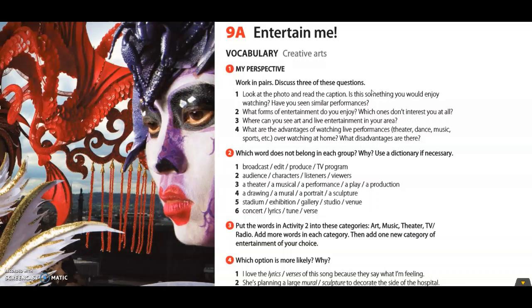I'm going to give you an example. In my case, guys, I would love to watch one of these performances. I really enjoy them. I have seen similar performances, not with these costumes, but in San Miguelito, on a very special day of the year where people dressed in costumes with feathers on the head and leather costumes.